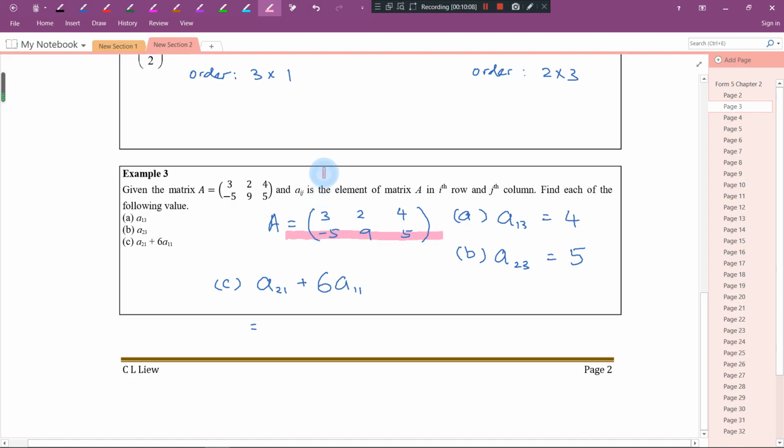Second row, first column: -5, plus 6 times this element, first row, first column. This is actually 3. So -5 plus 18 will be 13.